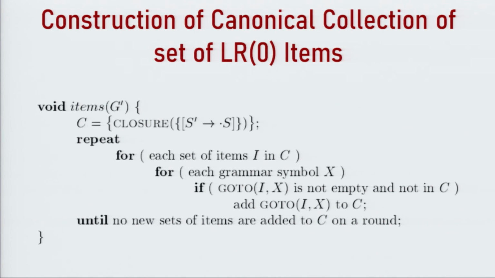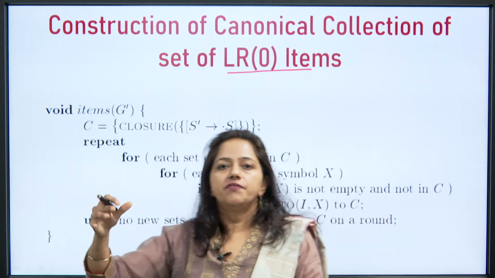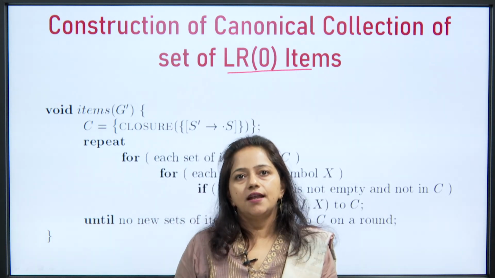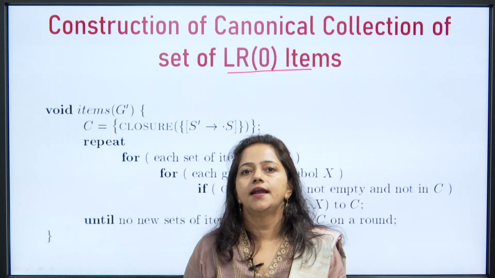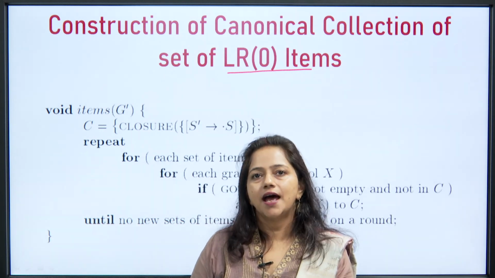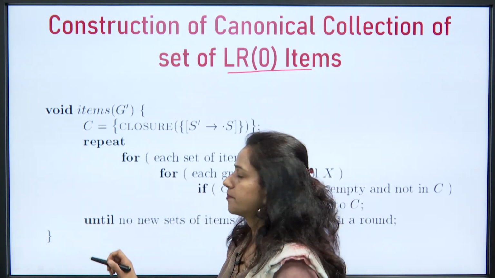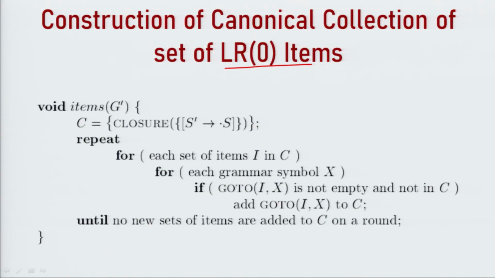We know what an LR0 item is, and we will find the collection of LR0 items, and that collection is actually the canonical collection of sets of LR0 items. Here is the procedure for obtaining it. First is void items G prime, this is the augmented grammar, and such a collection is taken in C. C is the collection of these sets of LR0 items.